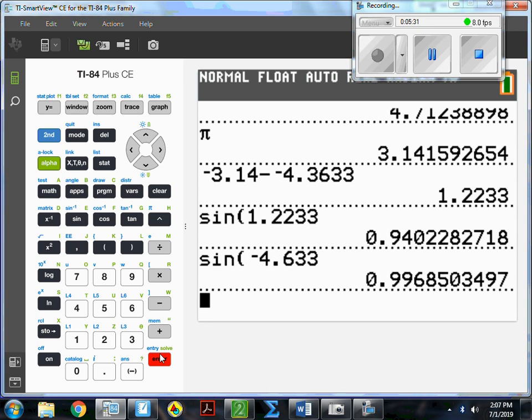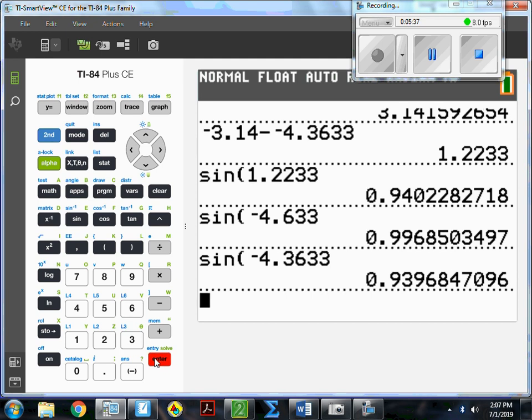And I didn't type that in right. So let's try that again. Sine of negative 4.3633. Okay. Now, it looks close. We have 0.939 versus 0.94.